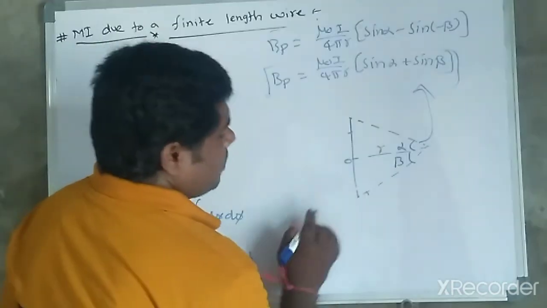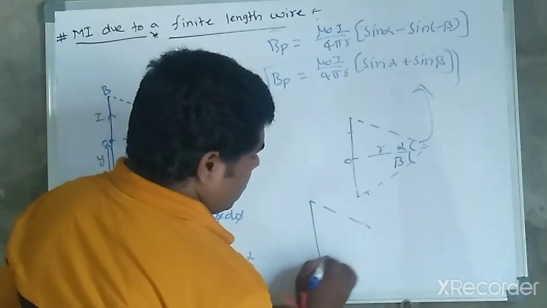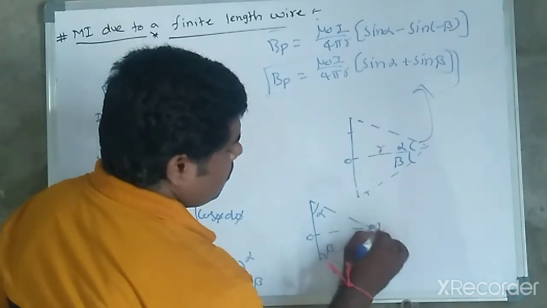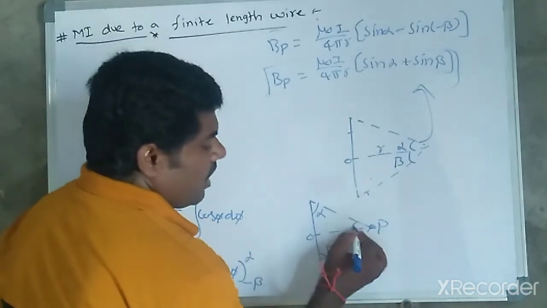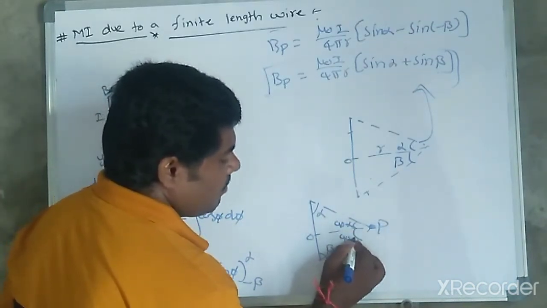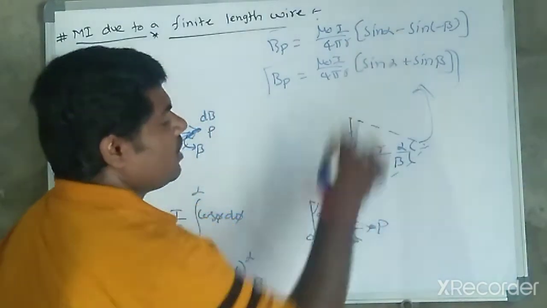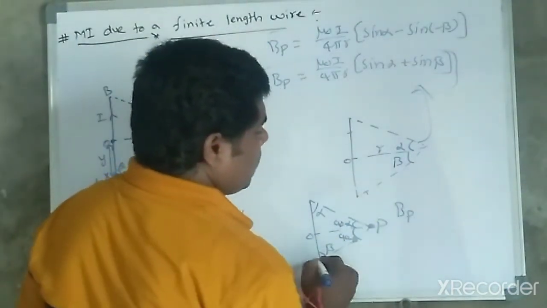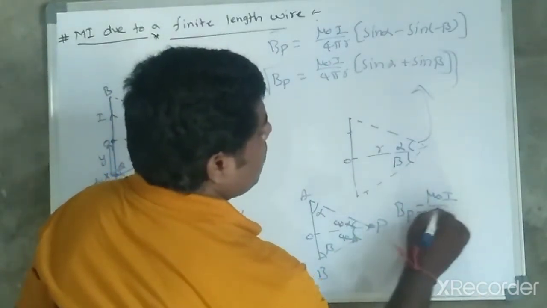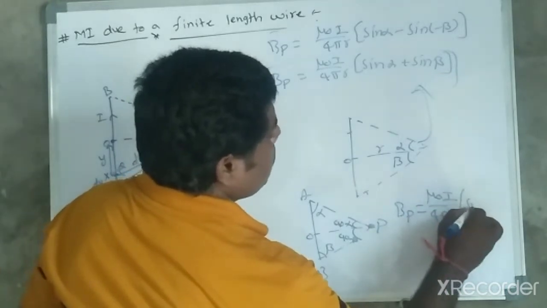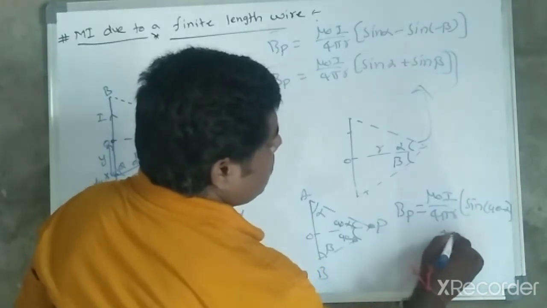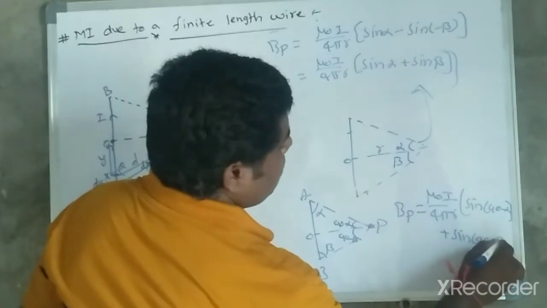But in this case, this is the O and this is the point P. This angle is nothing but 90 minus alpha, and this angle is 90 minus beta. Substitute this value again here, and we get this expression. Magnetic field for wire AB is equal to mu naught I divided by 4 pi r into sine of 90 minus alpha plus sine of 90 minus beta.